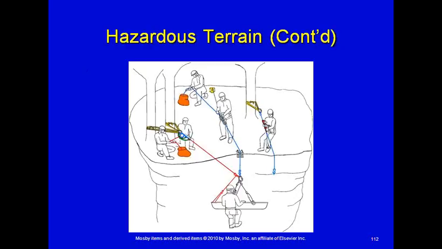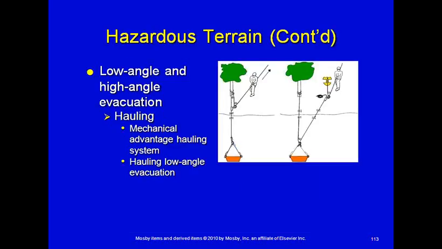So here they're showing a single repeller secured. Here they're showing two people lowering the repeller and the basket down, and a secondary group anchored off in two other locations to help stabilize and lower as well. Low angle and high angle evacuation.